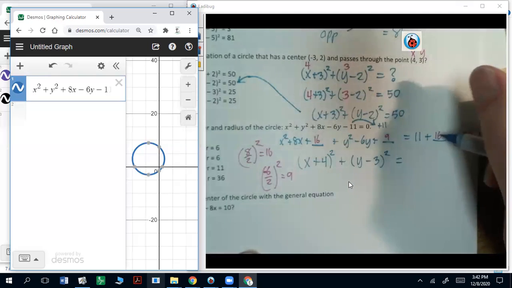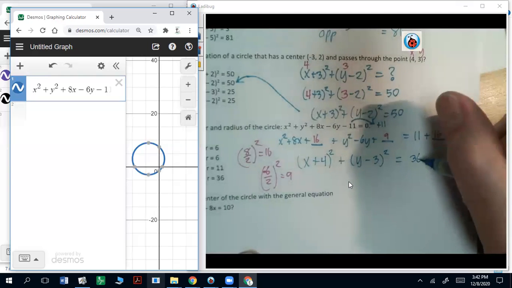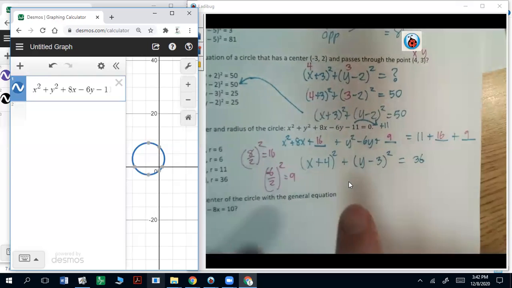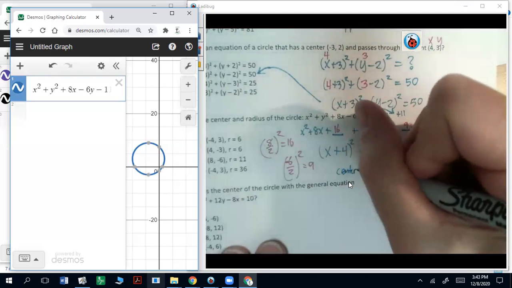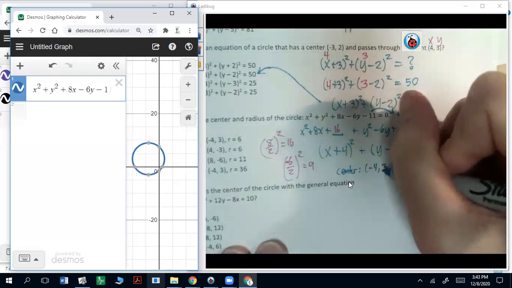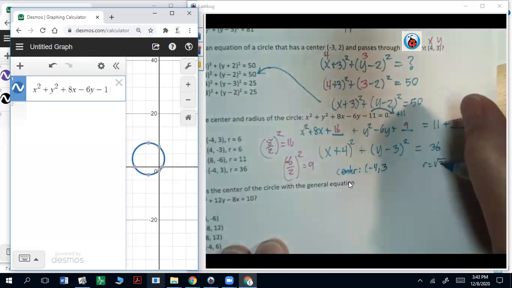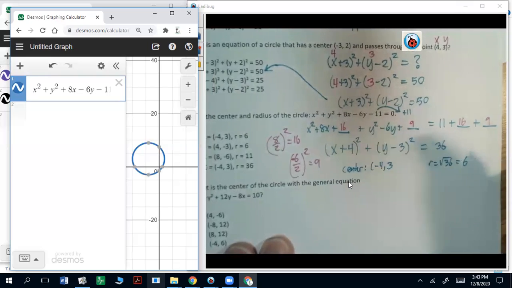And then these numbers add to 11 plus 16 is 27, plus 9 is 36. You can verify all that in the calculator, but look at your center, (-4, 3). And your radius is the square root of 36, which is 6.